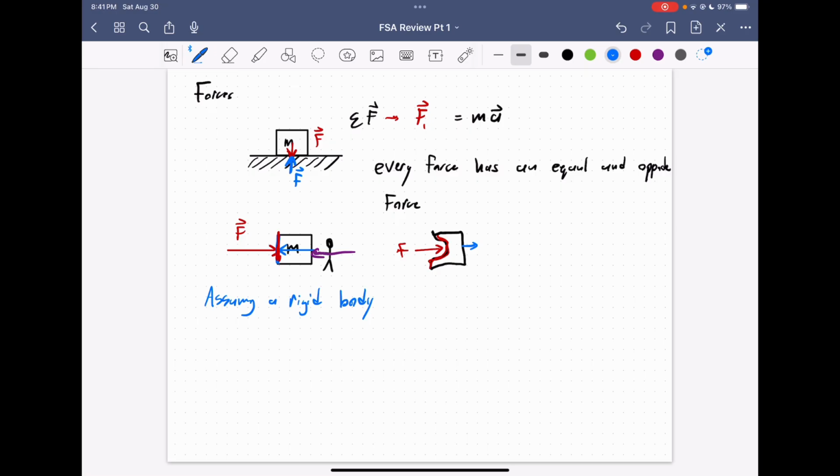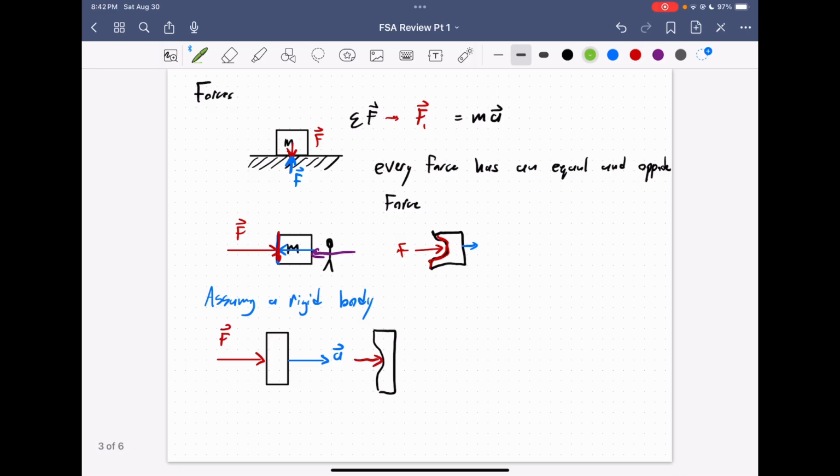right? So you're assuming that whatever box or system you are looking at is rigid, and that when you apply a force, we assume all the energy of that force is used to move the object. I'll get back to the color coding. Acceleration is used to move the object, whereas in reality, we know that even on solid objects, some of that energy from that force is going to be used to deform it.